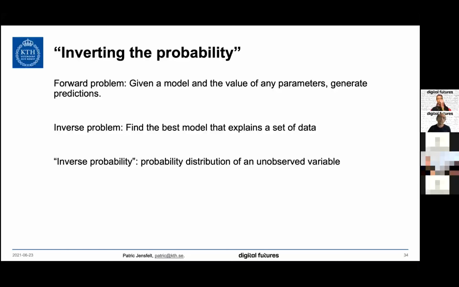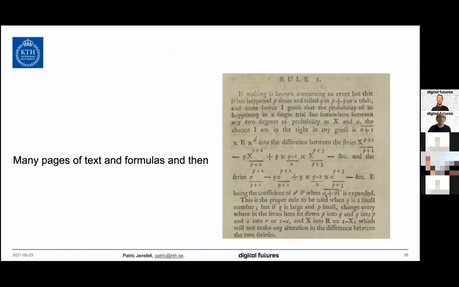So Bayes wrote this down over a lot of pages, and it ended with a rule that doesn't look anywhere near Bayes' rule as we see it today. This is partly because he didn't really derive Bayes' rule. He talked about trying to find those F and B that would specify an interval for the probability.